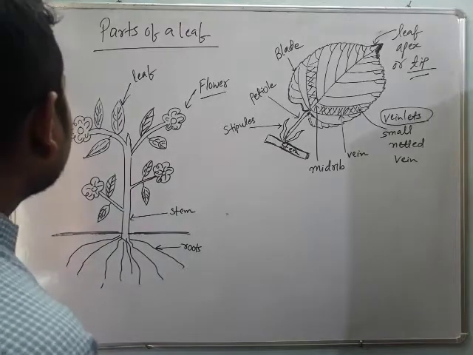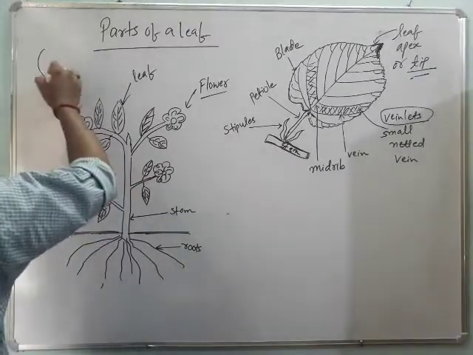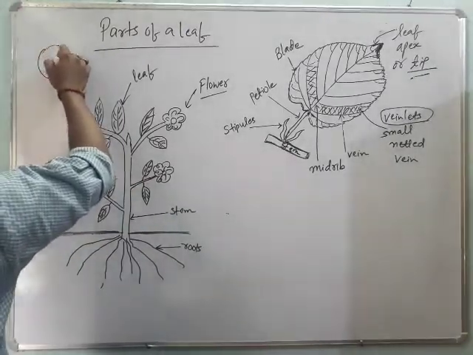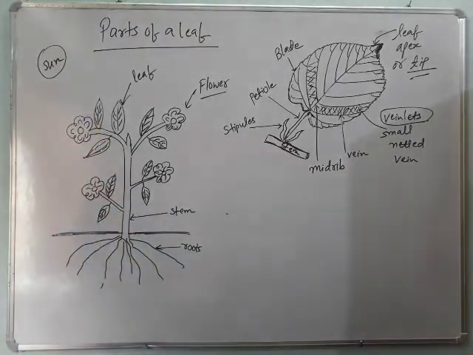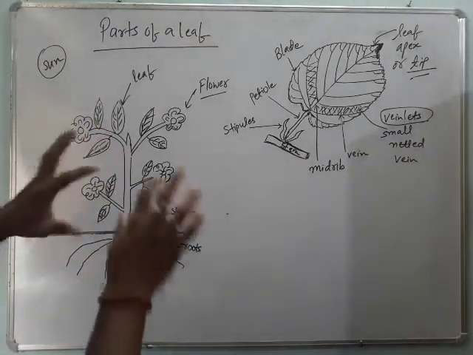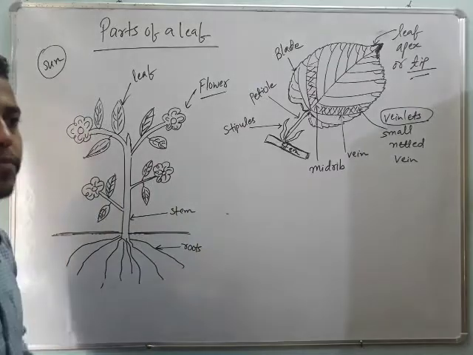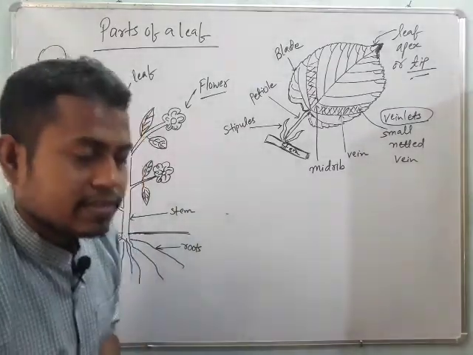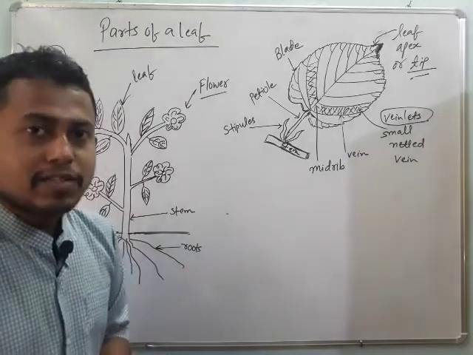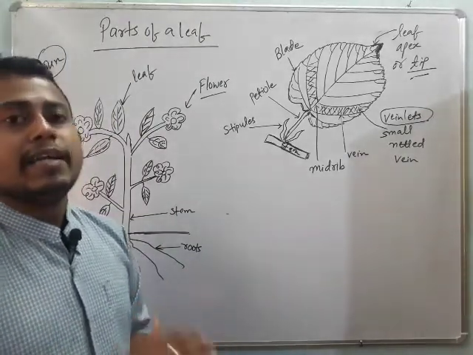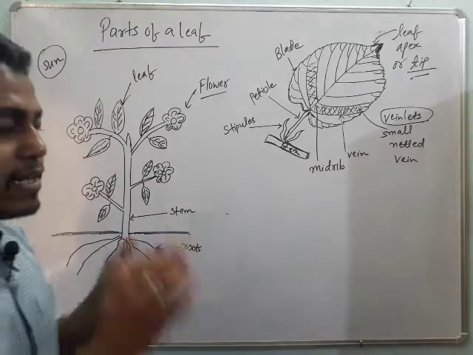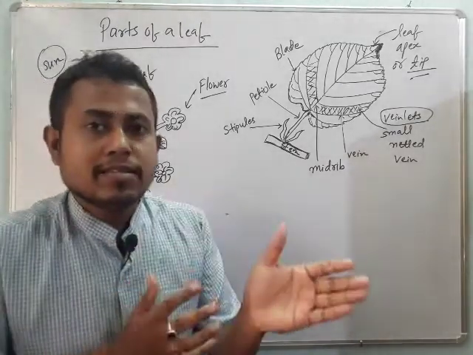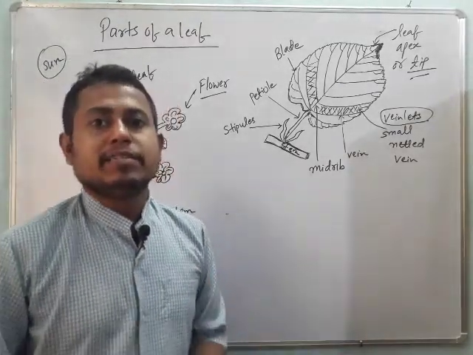Okay, but how? See, this is the sun. What is the function of the sun? You'll say, sir, the sun gives us the light, and that light comes to us in the form of energy.